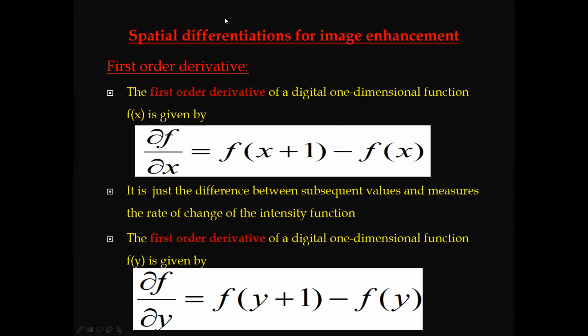We have one question: how are differentiations used for image enhancement? That means, to increase the quality of the image, we perform sharpening operations in the spatial domain. We are using image derivatives.